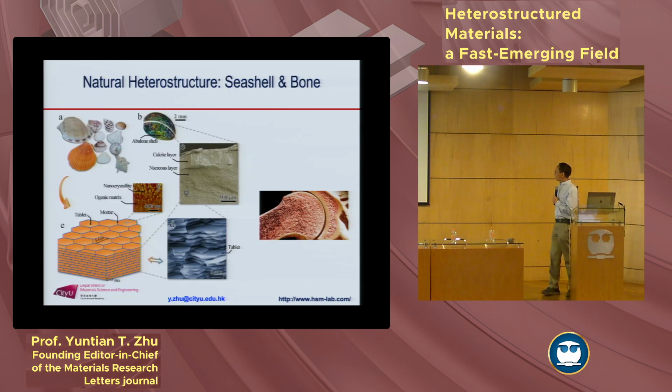If you look at other examples, like human bones, you see it has a gradient structure. And seashells also have a heterostructure, with calcium carbonate and organic material in between. That makes it strong and tough.